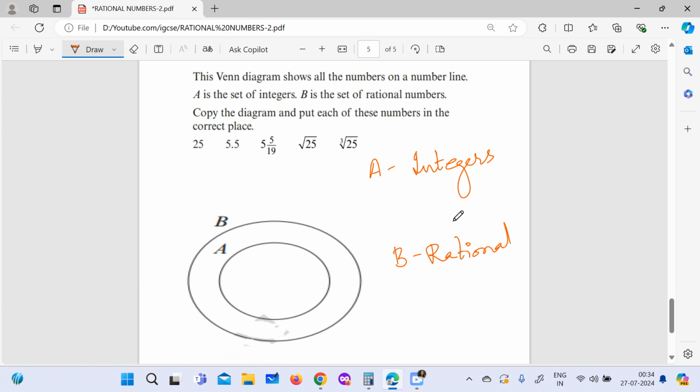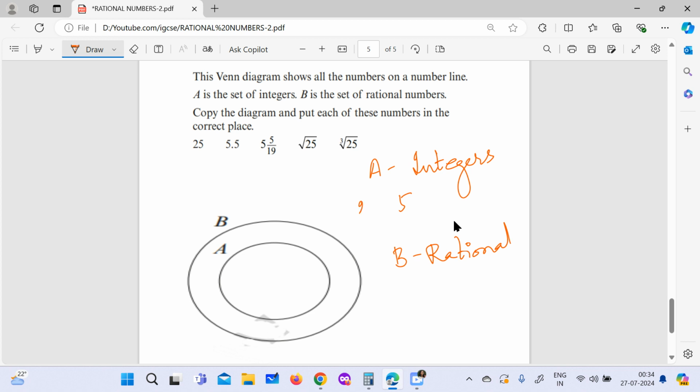A is integers. So what can we write here for A? You can select from here. We can write 25, and 25 is an integer, right?